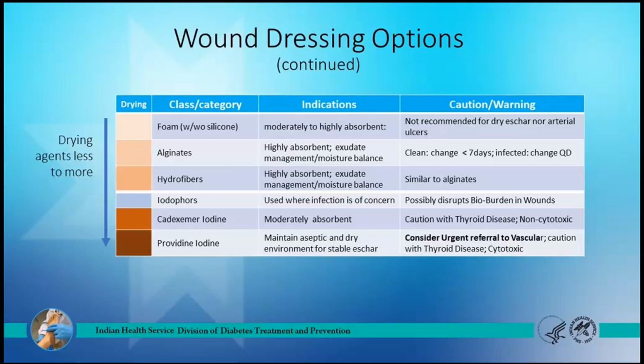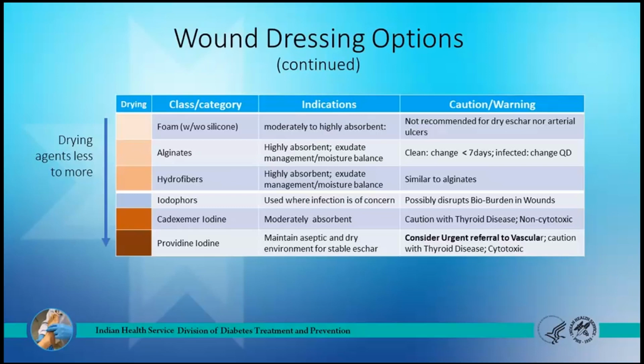Iodophors are used for infections, of course, because they have that component in them. They have been noted to possibly disrupt the bioburden on wounds. Cadexomer iodine is moderately absorbent, and it's very good. Interestingly, this one comes as a gel or paste, and when you put it on, it's kind of brown.